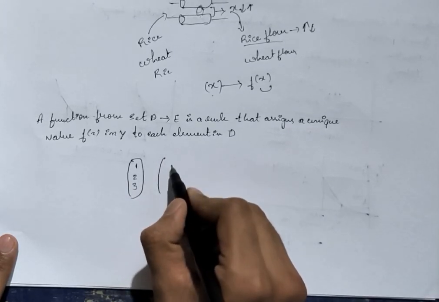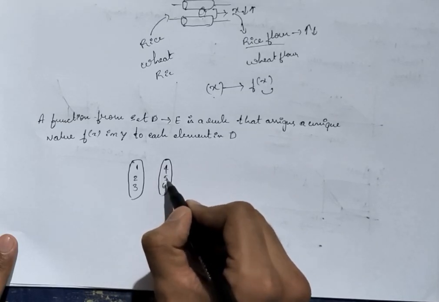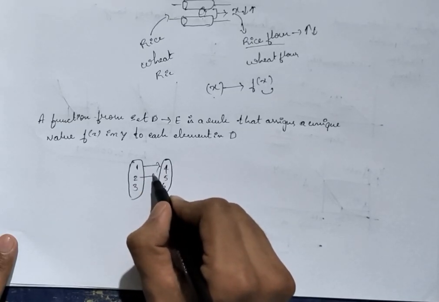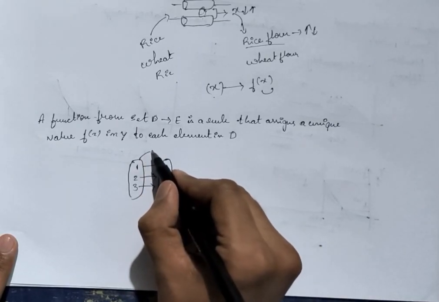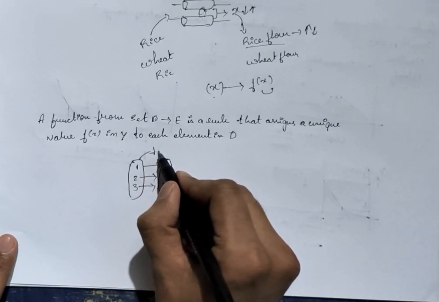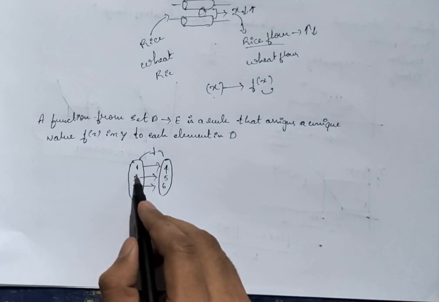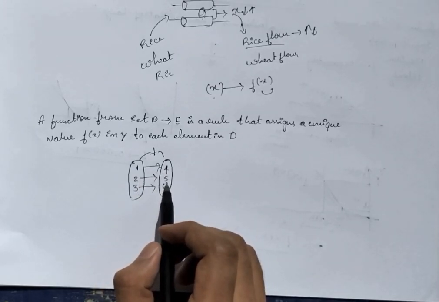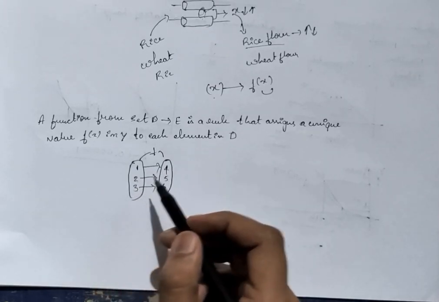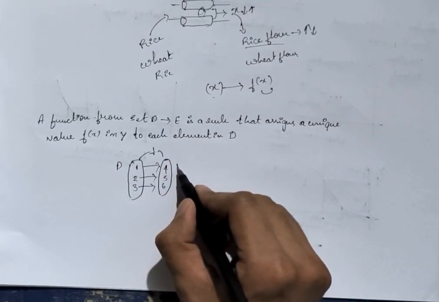They map down to 4, 5, 6. Here if you give 1 as input, we get 4 as output, 2 as input, 5 as output, like this. This is domain, this is range.